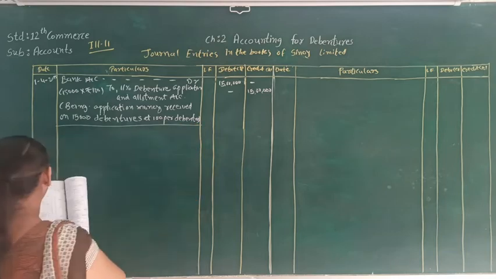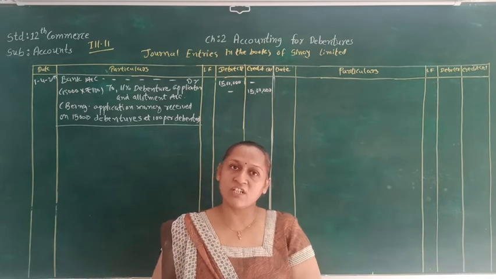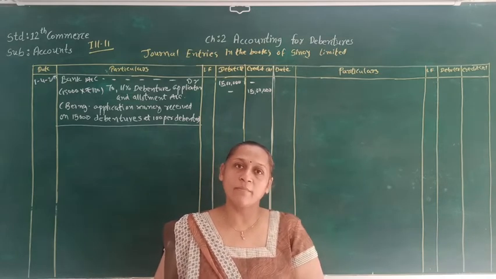For the second entry, the application and allotment money will be transferred to the debenture account.